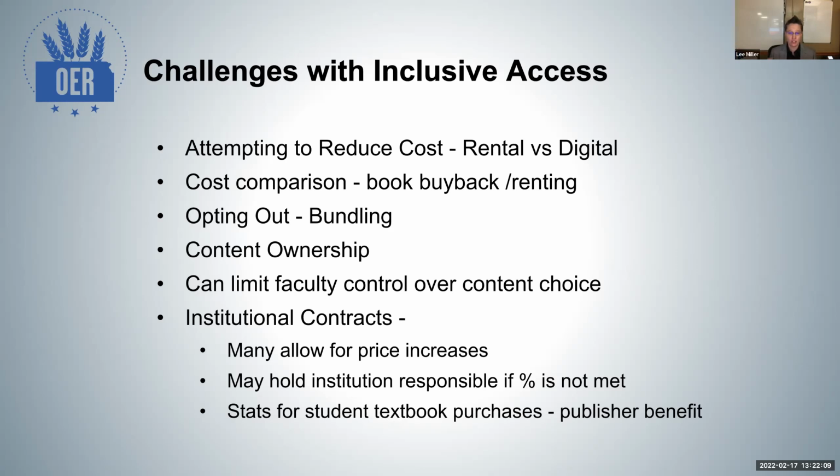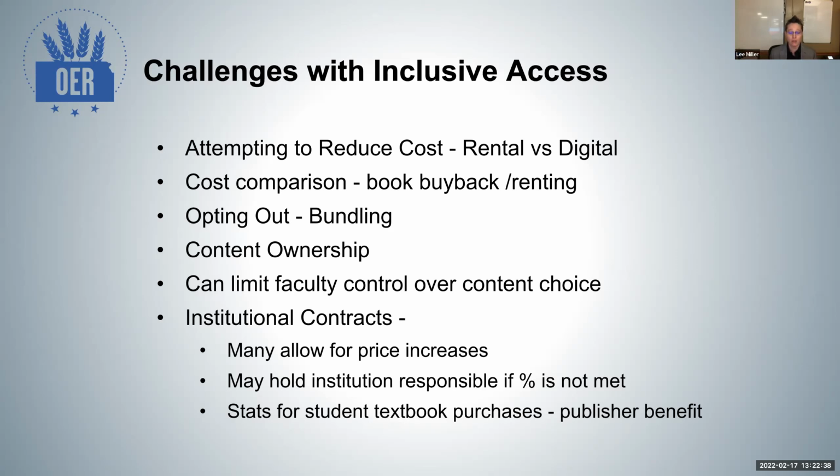Again, I've mentioned this just briefly, but there's the aspect of content ownership. I still have from my college days books that I used in college, and I used different ones throughout my college career that I had saved previously, just knowing what my major was. Students no longer have that option, as a lot of the digital content will disappear after the course is done, obviously depending on the access or the access codes.